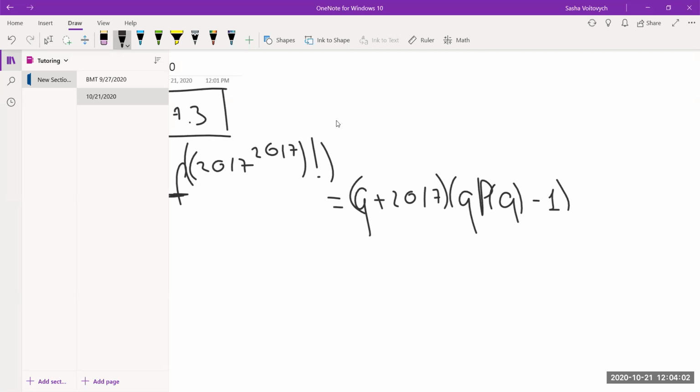Okay, so let's think about what we know about this function. First, we have to show that there always exists a real number q such that this does not hold, right? So I think it is pretty natural here to assume the contrary, that no such number q exists.